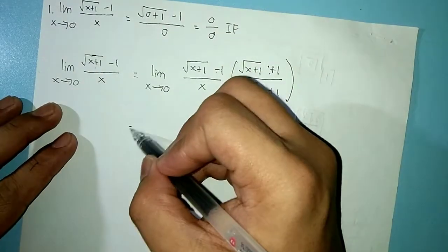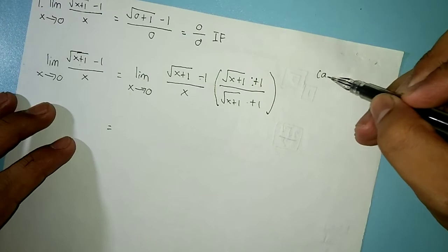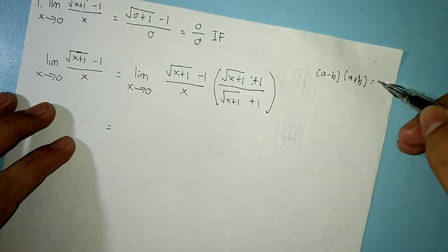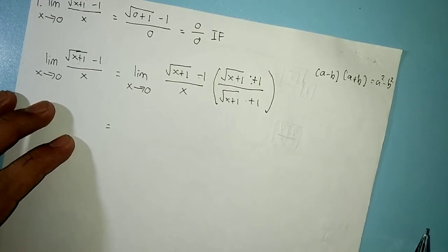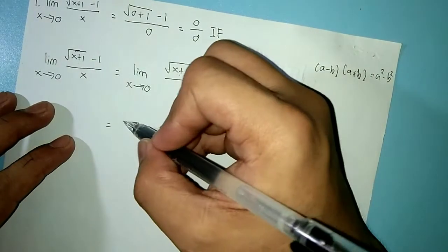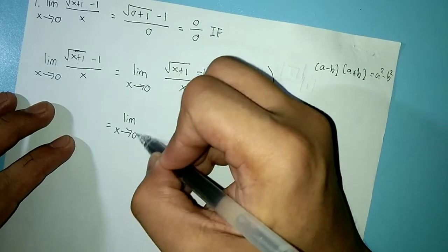Okay? So, dito, kung natatandaan nyo to, kapag a minus b times a plus b, anong lalabas dyan? A squared minus b squared. So, difference of 2 squares. Okay? So, ibig sabihin, i-square lang natin yung first term ng numerator. So, copyin lang natin to.